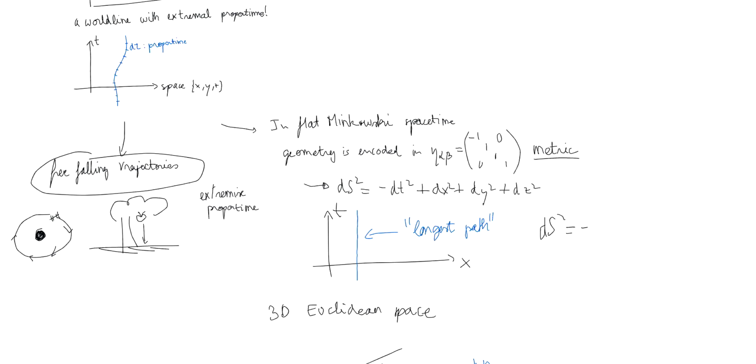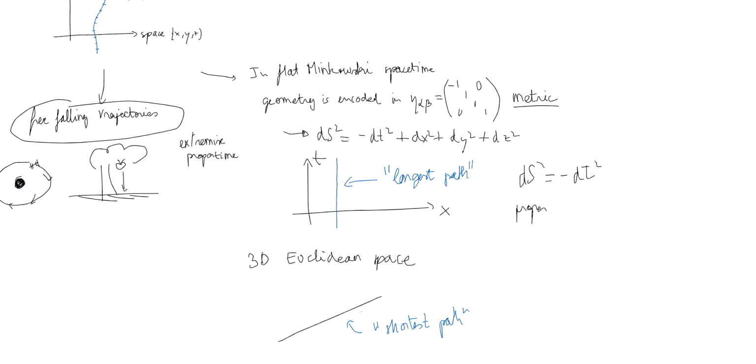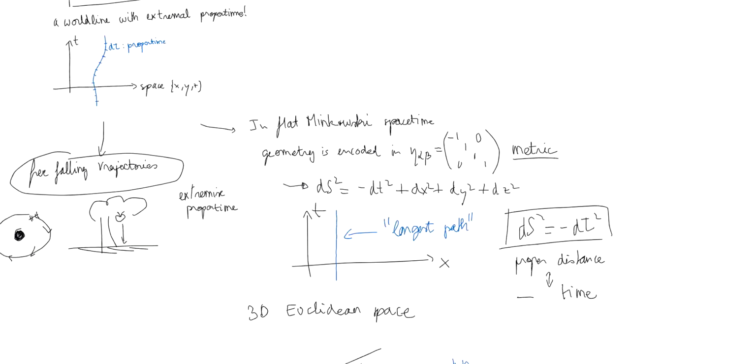That's the relation between proper distance and proper time. When we talk about proper distance, we could also talk about proper time; it's totally equivalent. And if we have a line element, then we can draw any line we want in space-time, which means that we can also draw geodesics, the extremal path.